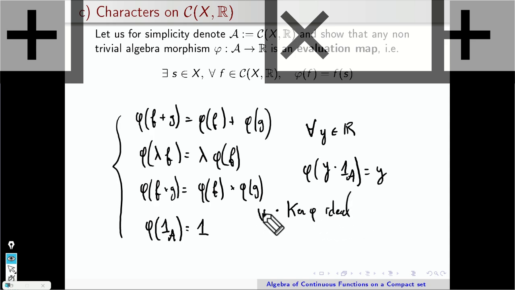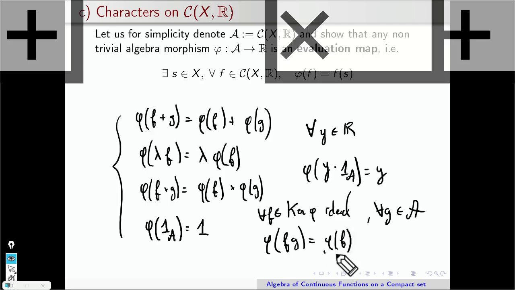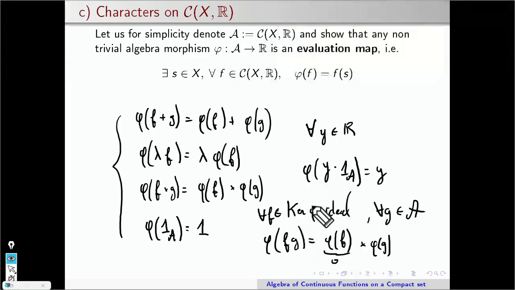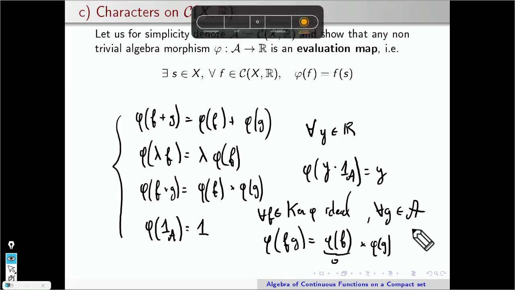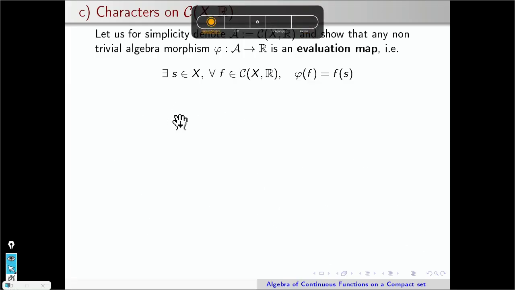So for all f in this ideal, for all j in the algebra, of course phi of fj, it is commutative, so phi of jf, it is phi of f, this gives 0 times phi of j, so f times j is equal, phi of this element is equal to 0. So the kernel is stable, of course, under sum, and stable under multiplication by an element in the algebra. So it is a kernel, and phi will be surjective if it is non-zero.